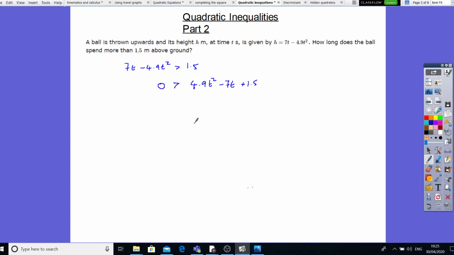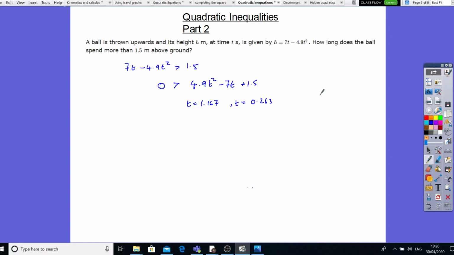Now you've got a calculator. If you plug these values in the calculator, the roots will be, to 3 decimal places, t equals 1.167, and the other root you're going to get is t equals 0.263.